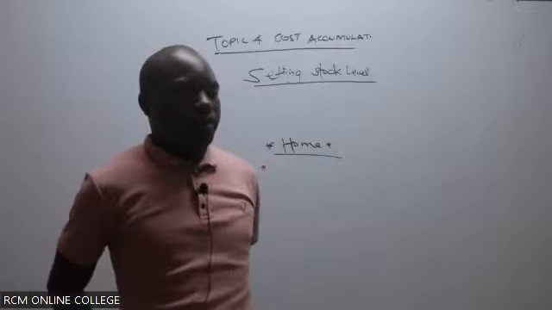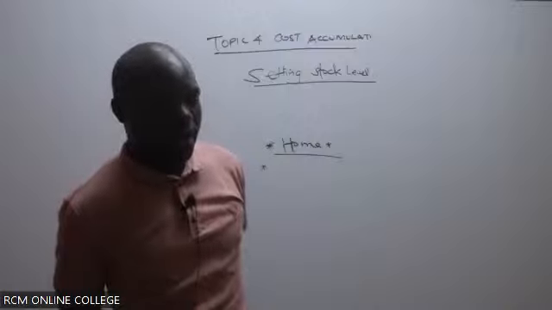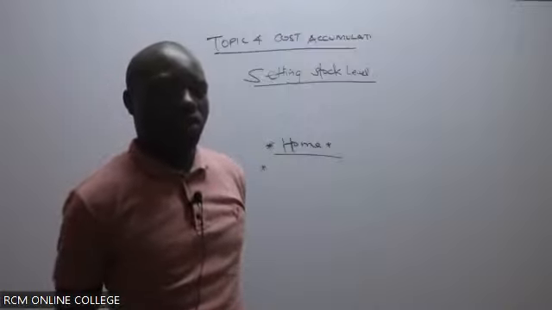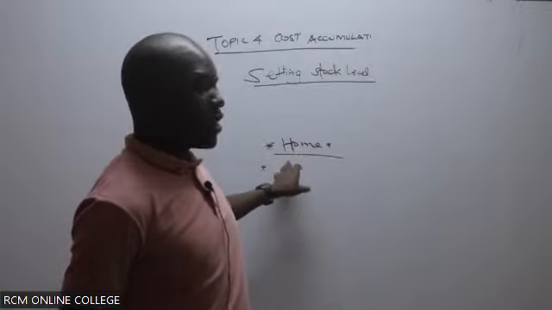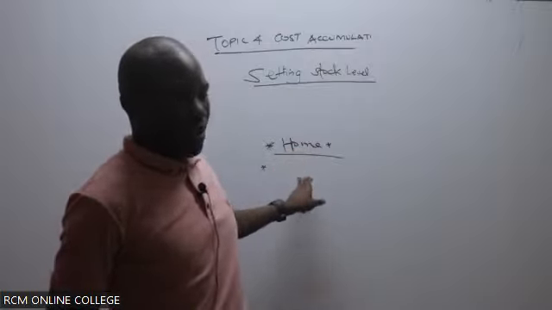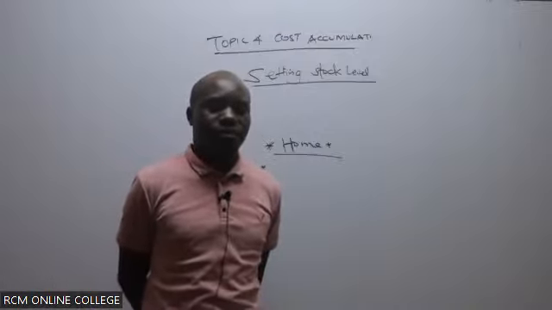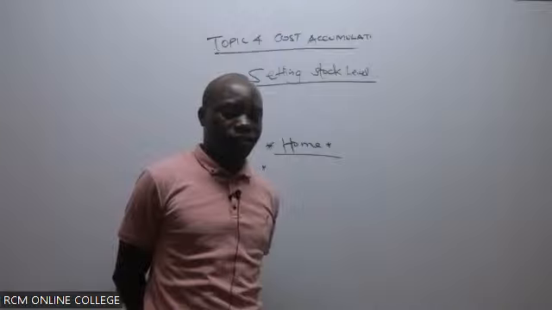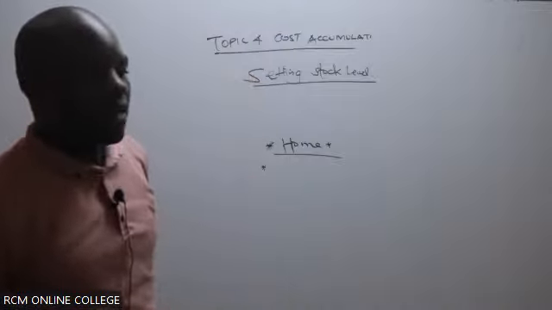Yes, somebody will tell us, what do you normally consider before you decide on the quantity to bring to your store? What are some of these factors? One, money availability.